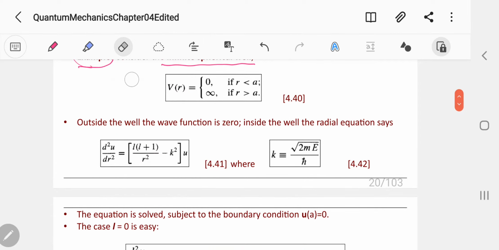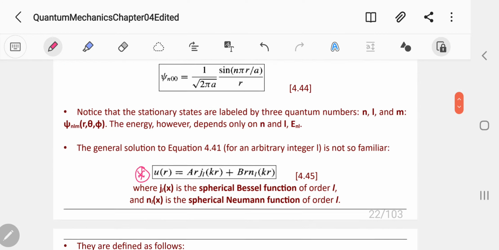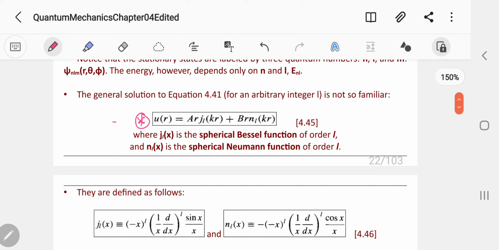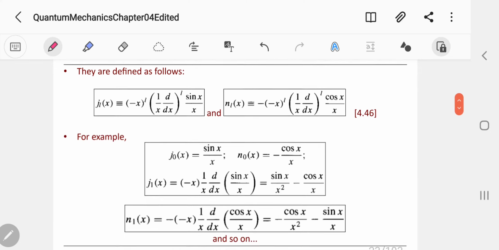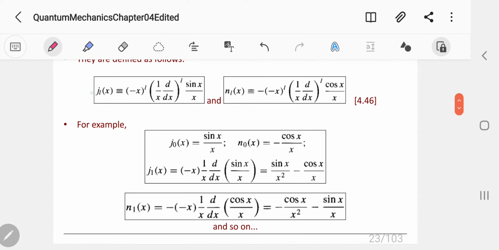The solution for this one is this one, where j_L(x) is the spherical Bessel function of order L, and n_L(x) is the spherical Neumann function of order L. And they are just defined as follows here. j_L(x) is defined as this one, and n_L(x) is defined as this one.